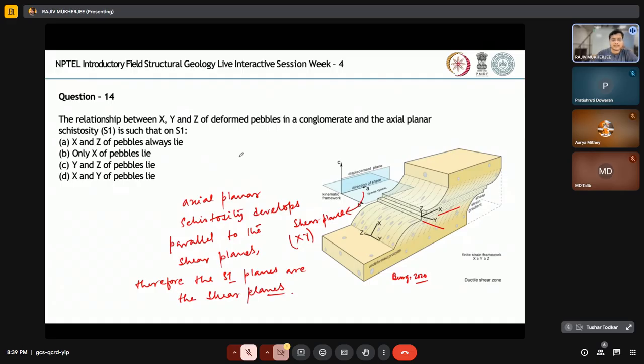And since it is the shear plane, which is the xy plane, then obviously the x and y directions of the pebble will lie on the shear plane, and that is why D is the correct option, right?